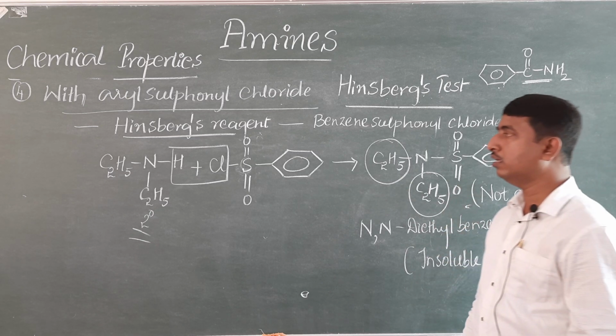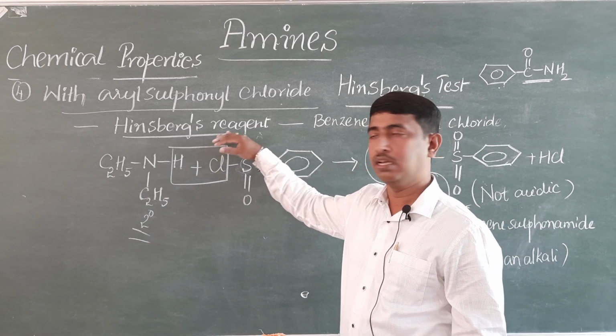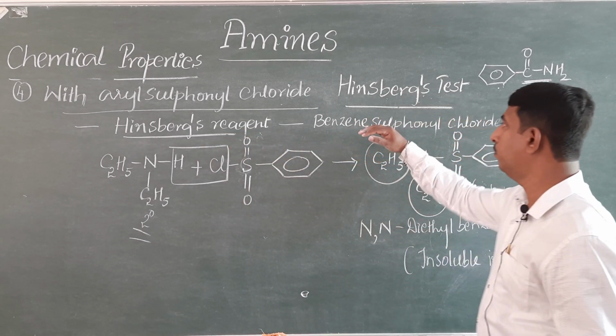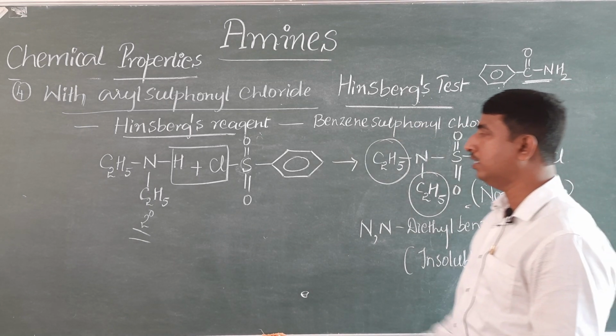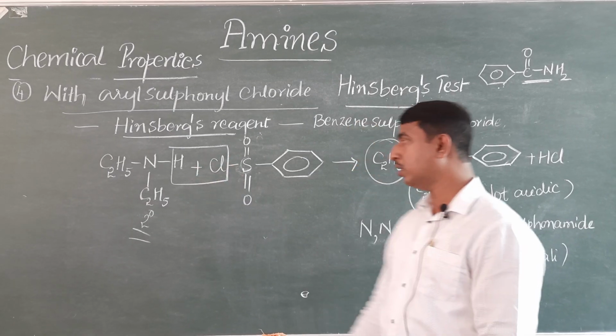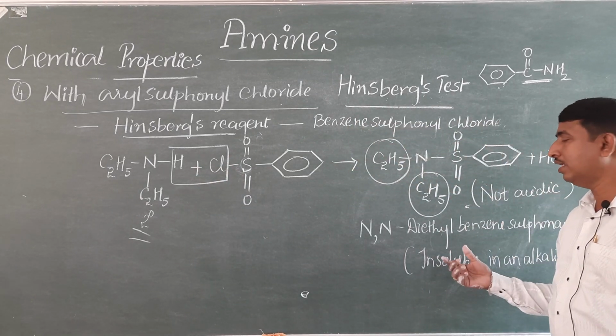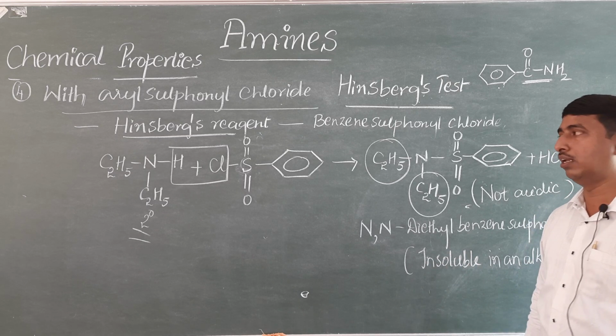So primary amine reacts with Hinsberg's reagent. For 1 mark they can ask, what is Hinsberg's reagent? Benzene sulfonyl chloride is called Hinsberg's reagent. Primary amine reacts with Hinsberg's reagent forming N-ethyl benzene sulfonamide. It is acidic and dissolves in alkali.